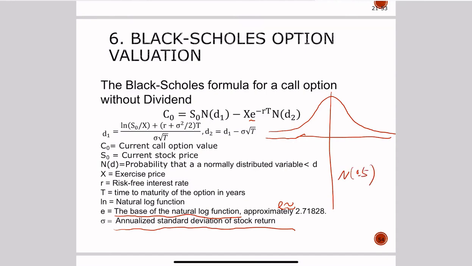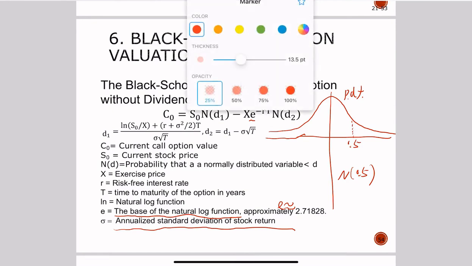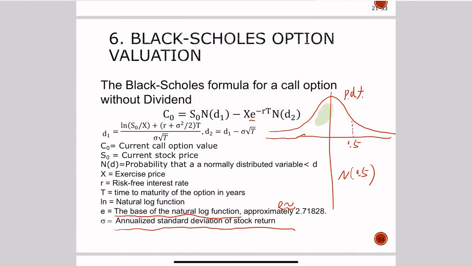How could you represent this probability on this picture? This is a probability density function. You look at this 0.5 value, and the probability is given by the area under the probability density function up to this 0.5 value.